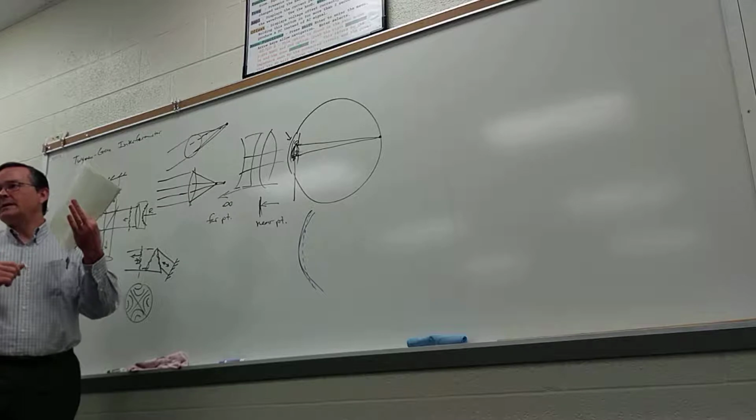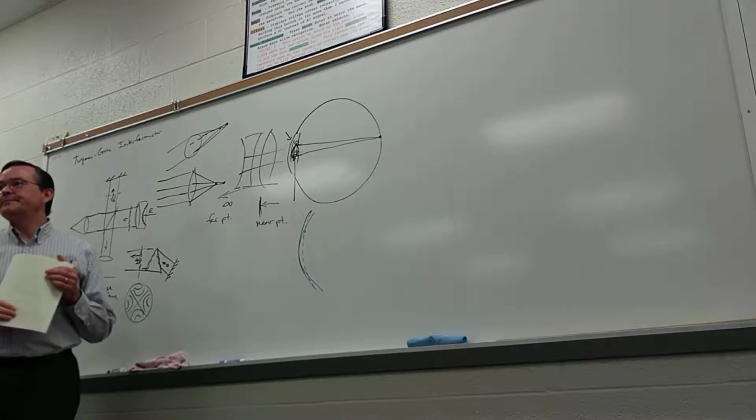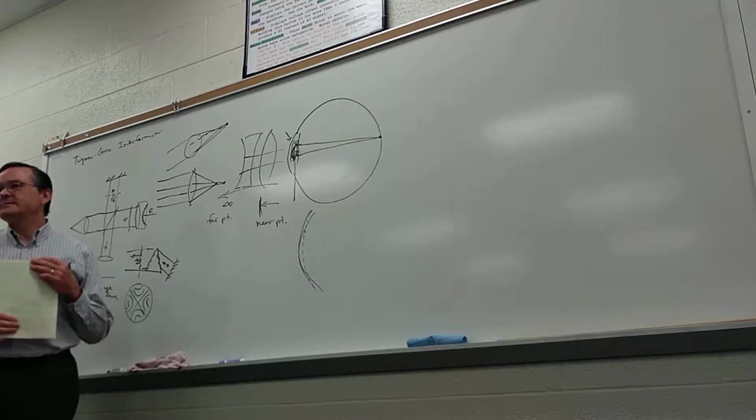What's the minimum spot? And is it the same this way and that way? If it's not, then there's astigmatism there. So it's easy to tell.